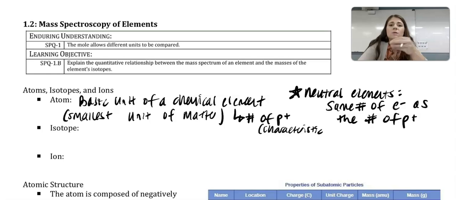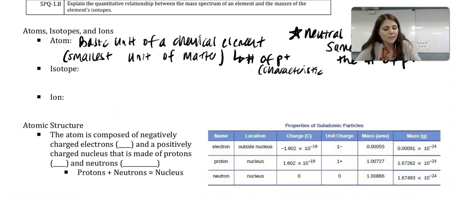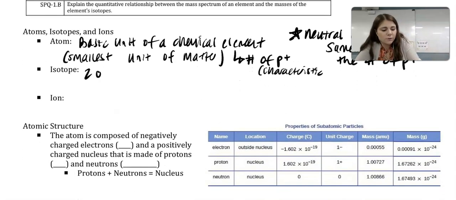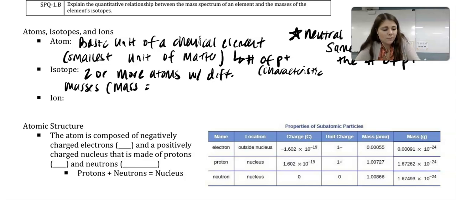If you change those number of protons from 6 to 7, you don't have carbon anymore, you would have nitrogen. Okay, so an isotope is going to be 2 or more atoms with different masses. And remember, mass is going to be based off the number of protons plus the number of neutrons, okay?